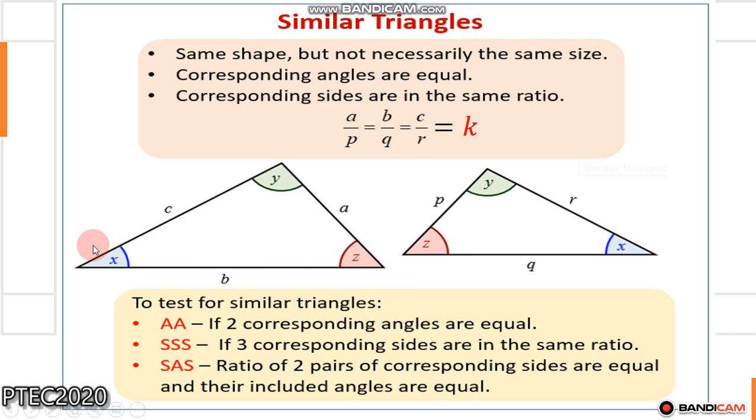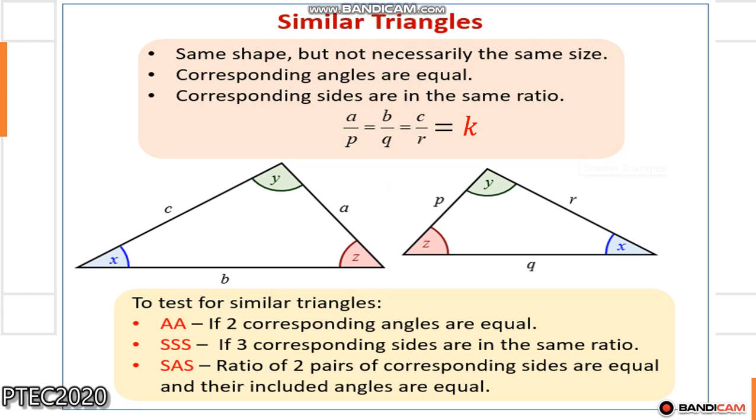So it means that all the corresponding angles are equal. In other words, the corresponding side of A is P, the corresponding side of C is R, and the corresponding side of B is Q. So the ratios of the corresponding sides, A over P equals B over Q equals C over R, equal a constant number, which is normally labeled as k.